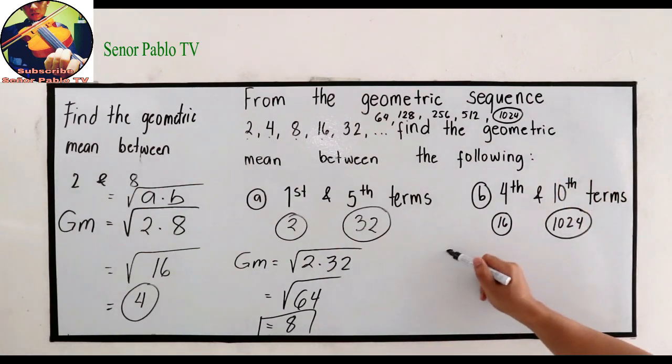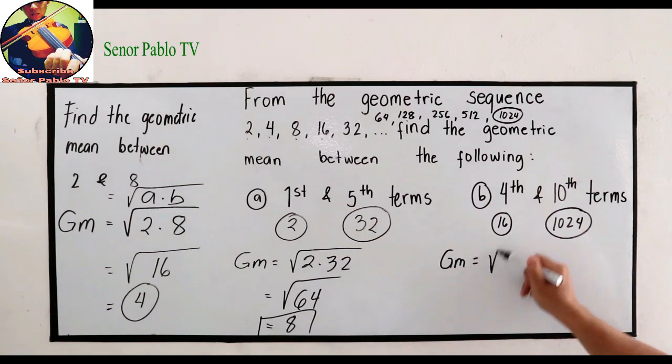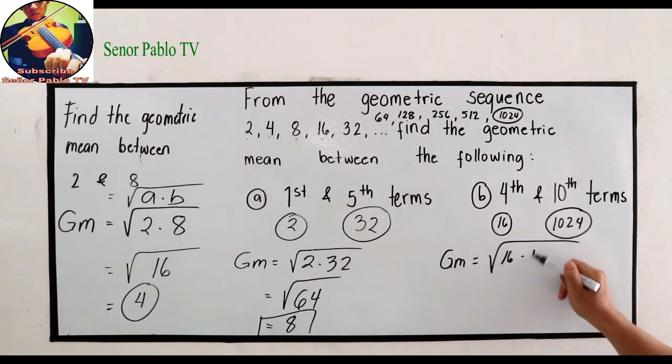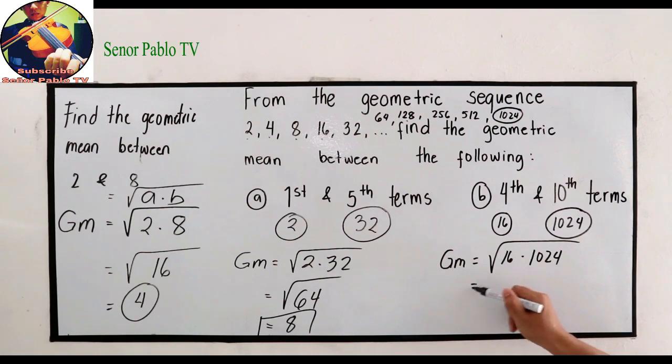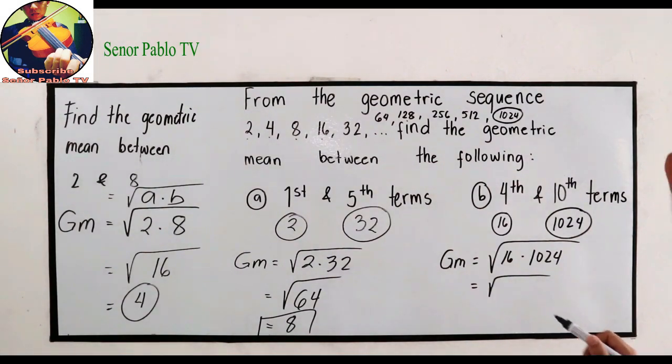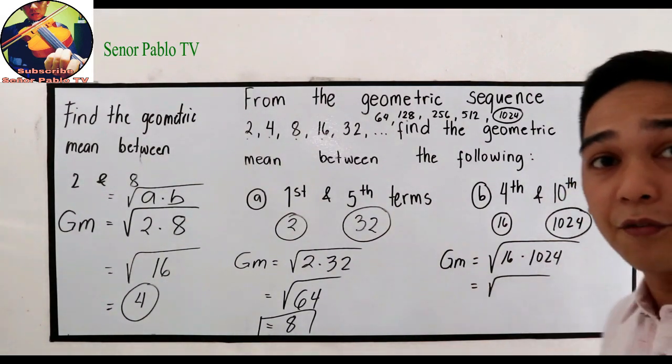Now, get the geometric mean. Square root of 16 times 1,024. Multiply natin. 16 times 1,024. So, ano yung product natin? Or, pansinin natin na si 16 ay perfect square number. Ganon din si 1,024.